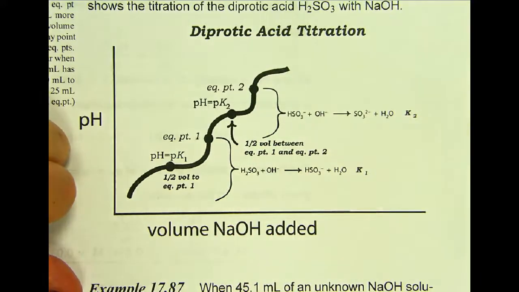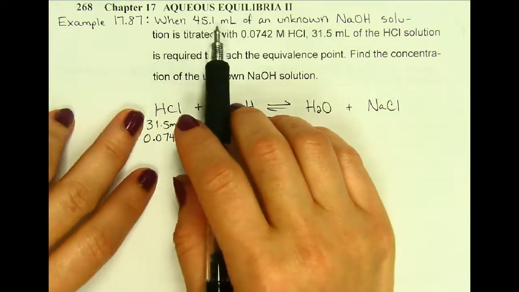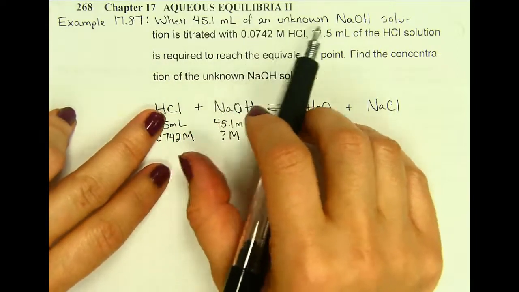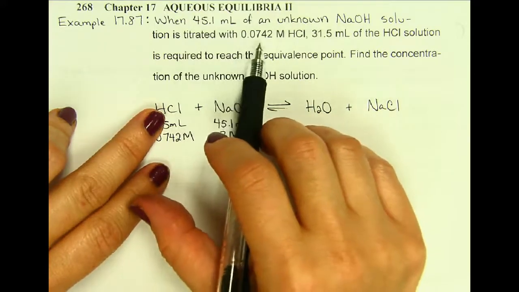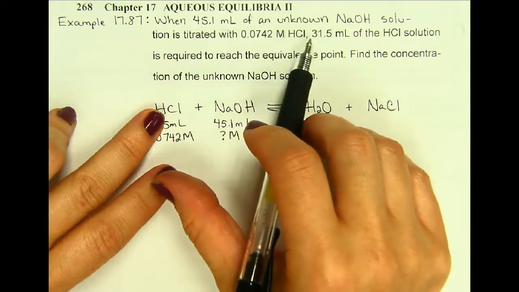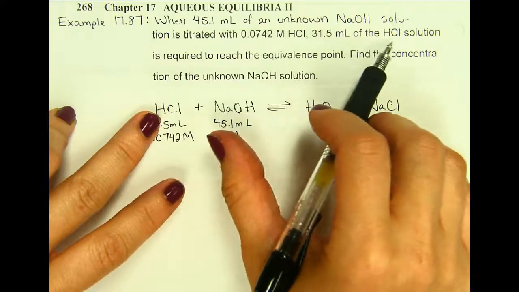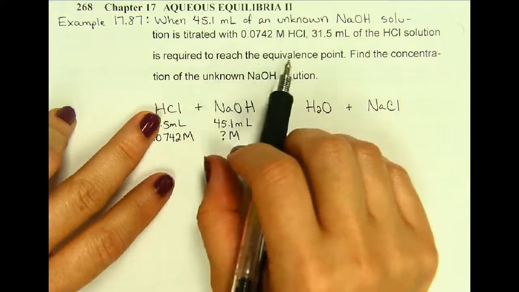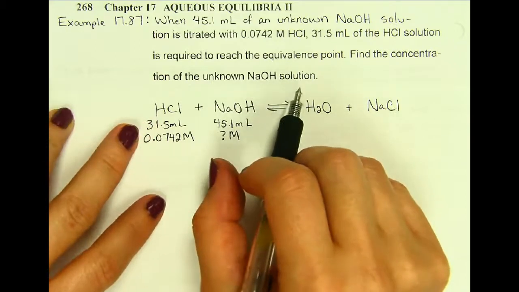Example 17.87. When 45.1 milliliters of an unknown sodium hydroxide solution is titrated with a 0.0742 molar hydrochloric acid solution, and 31.5 milliliters of the hydrochloric acid solution is required to reach the equivalence point, find the concentration of the unknown sodium hydroxide solution.